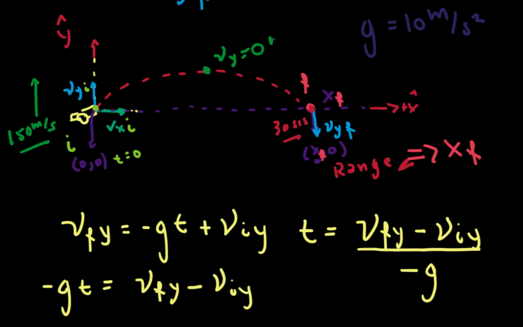And remember, if you draw that analogy from money, right? If you had $150 and you spend $10 every day, you should know that in 15 days your bank account hits 0. And that's a useful analogy to keep in mind. Therefore, it takes 15 seconds for this projectile to go all the way to the maximum height.